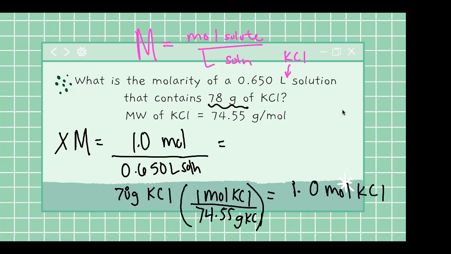Okay, cool. So this is about 1.5. I got 1.6, but that's only because I put it directly into my calculator. The 78 divided by 74.55, right? It's the 1.0 blah, blah, blah, and I just directly took that and divided by 0.65.